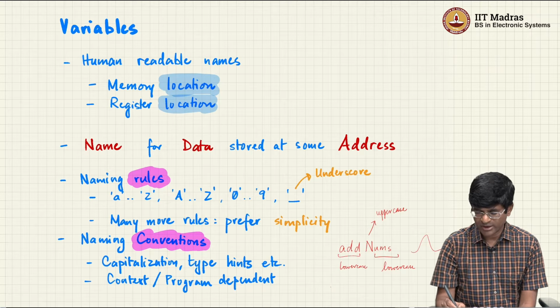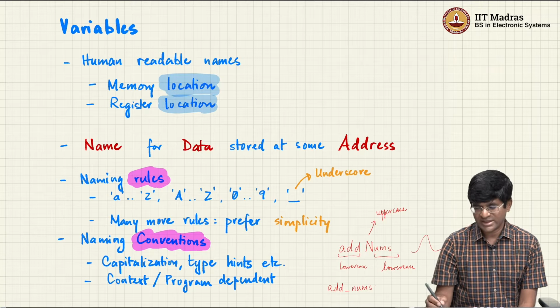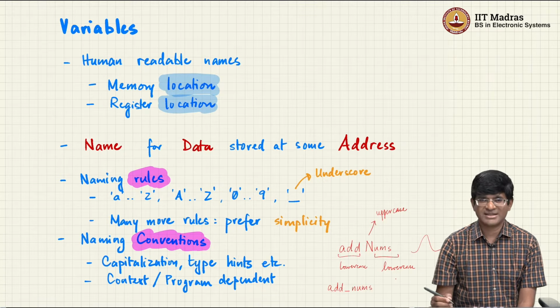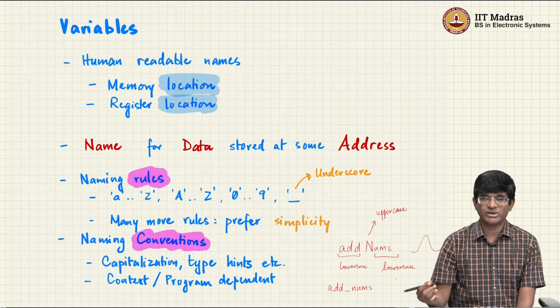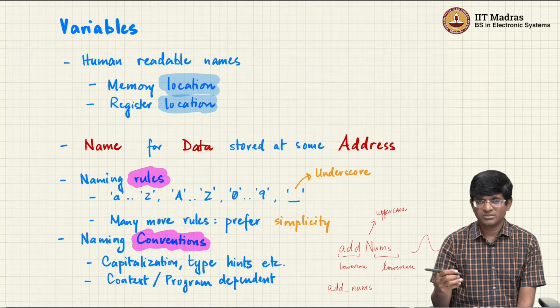The alternative to that would be something called add_nums, which is sometimes also called snake case. So rather than worrying too much about what these are called, pick one, go with that preference.